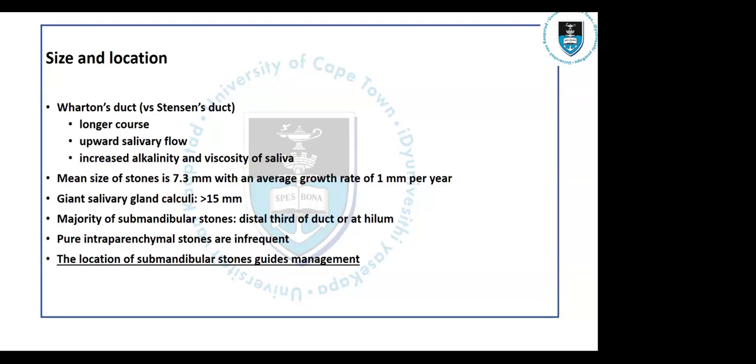Stones greater than 15 millimeters in size are considered giant salivary gland calculi. The majority of submandibular stones are located in the distal third of the duct or at the hilum of the gland, while pure intraparenchymal stones are infrequent. And the location of submandibular stones is important for guiding management.